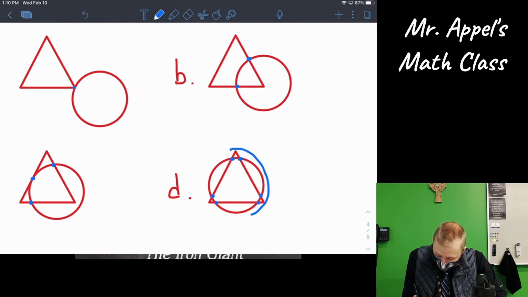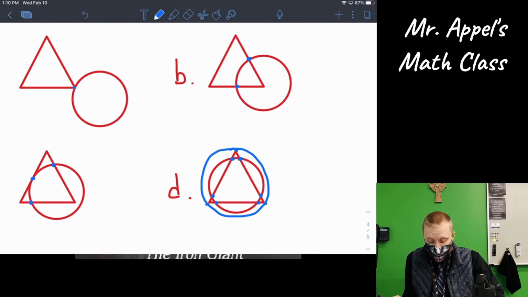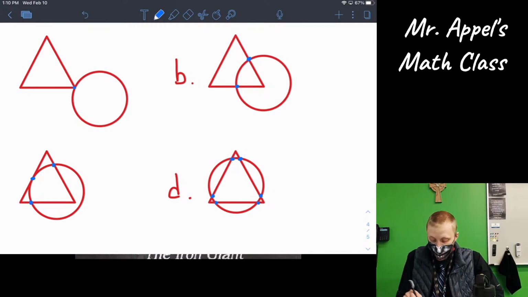I guess I went a little too slow. It has to be smaller than this, because this would hit all the points exactly around the outside, and I would only have 3 points of contact. You got to have a circle in between those sizes to get 6. You have 2 at each corner there.